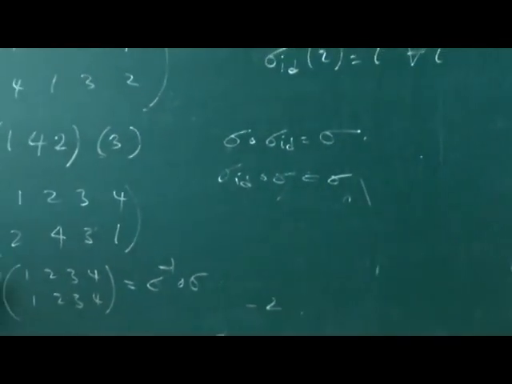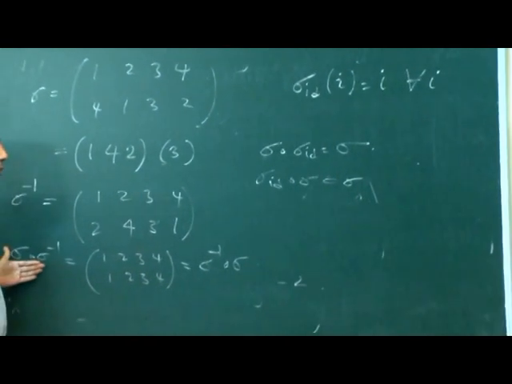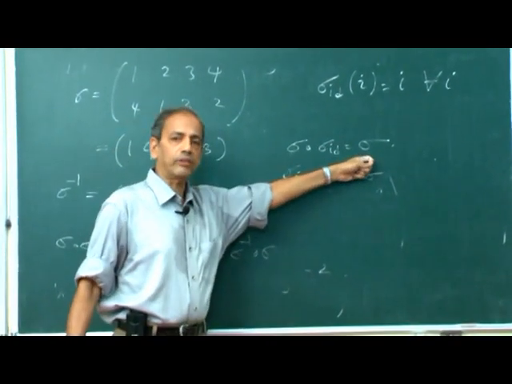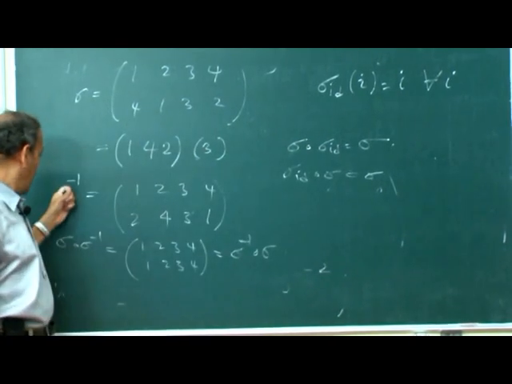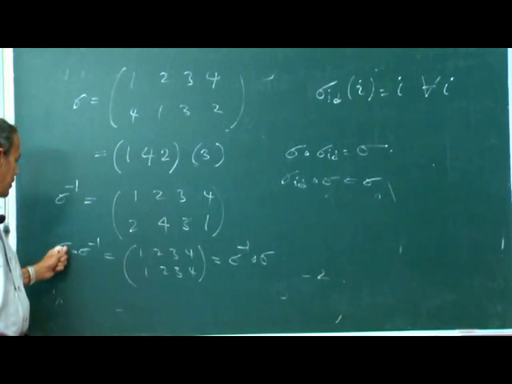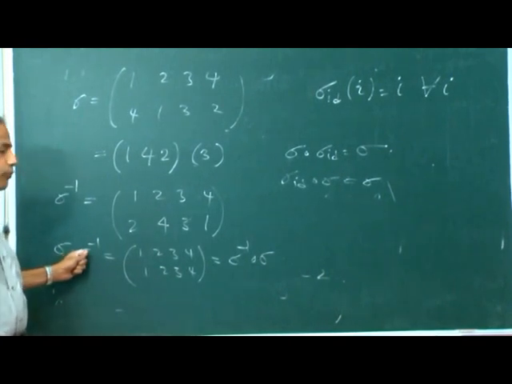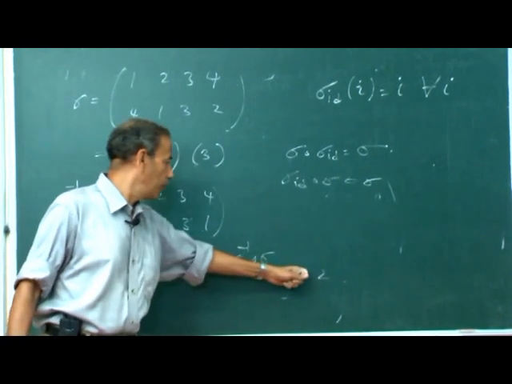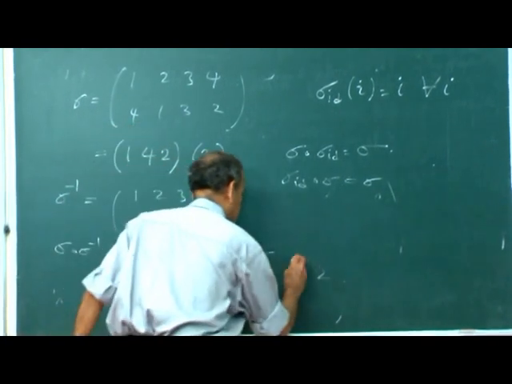The composition of two permutations is a permutation. There is an identity which, composed with any other permutation, does not change that permutation, and there is an inverse such that sigma composed with sigma inverse, which is the same as sigma inverse composed with sigma, is equal to the identity permutation.